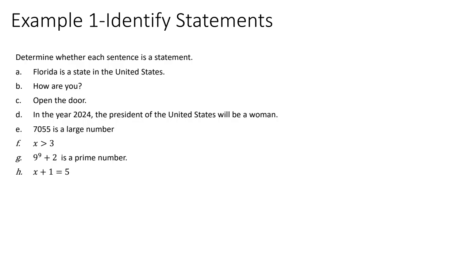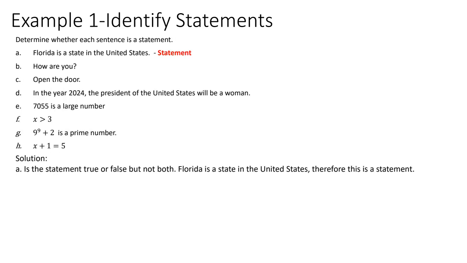And here's some more examples. Let me increase this a little bit. The instructions are to determine whether each sentence is a statement. A reads, Florida is a state in the United States. And this is, of course, a statement because that is true.